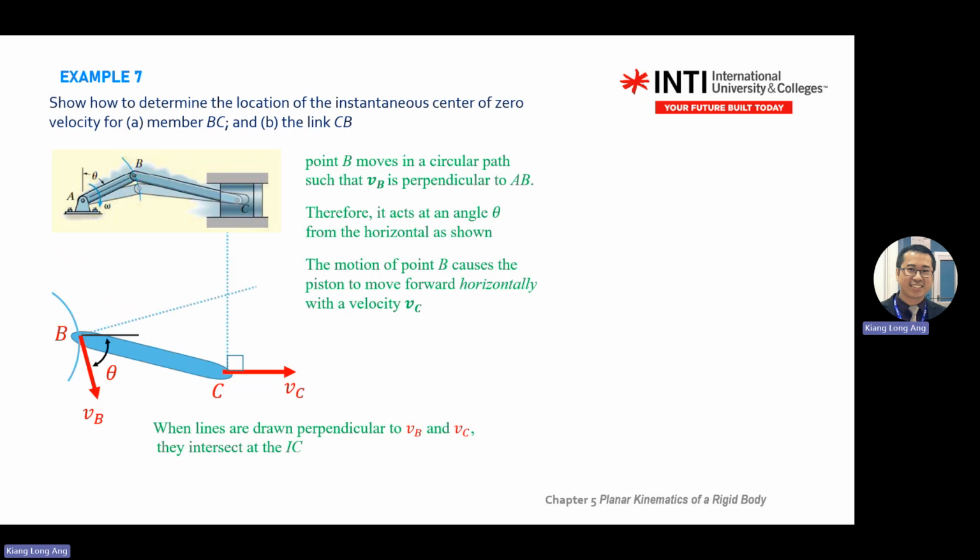You get two lines here, as long as they are 90 degrees. This 90 degrees, this 90 degrees. So this is your IC point. And the direction of B to C is this direction. Omega BC comes out of the screen.